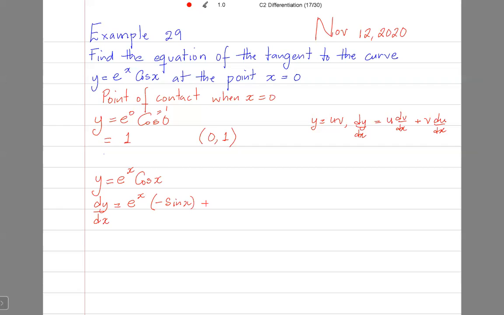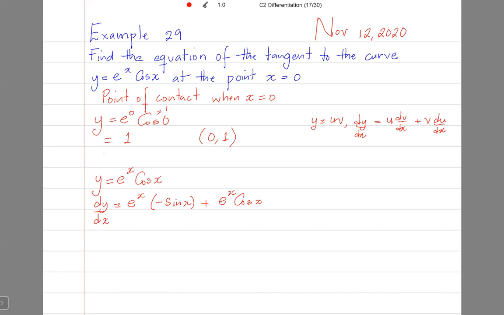plus leave the second, which is cosine x, differentiate the first, which is e to the x. When you differentiate e to the x, you're going to get back e to the x. So this is e to the x cosine x. And here, what I did was I left the second, cosine x. I didn't do anything to it.